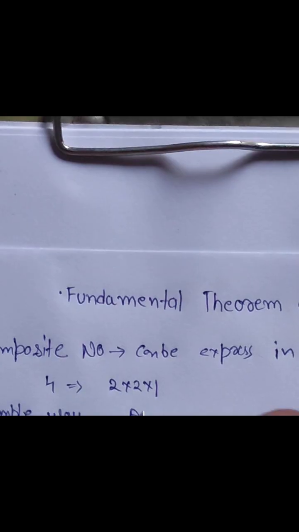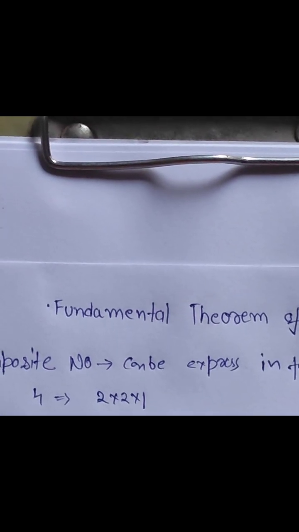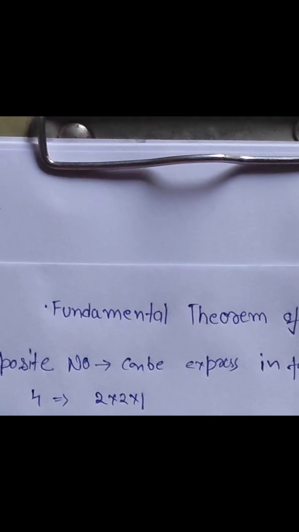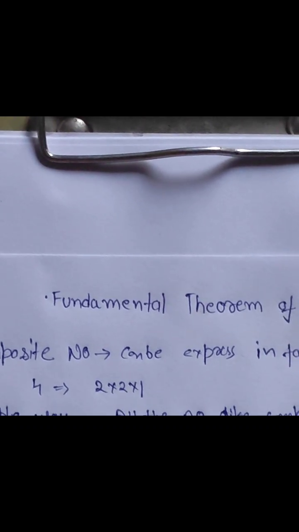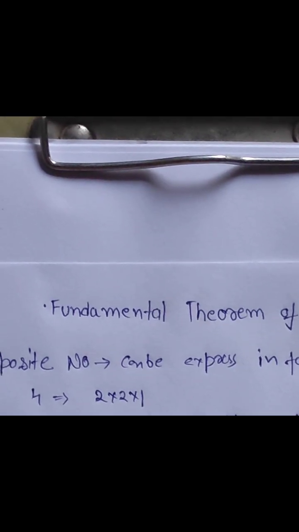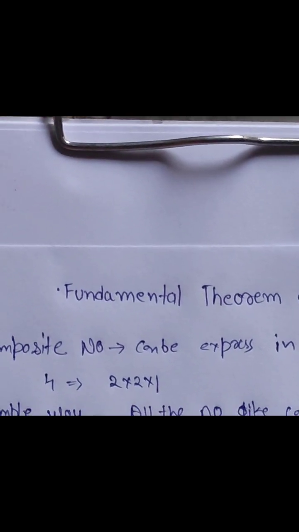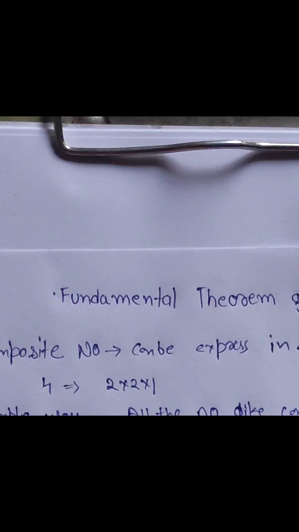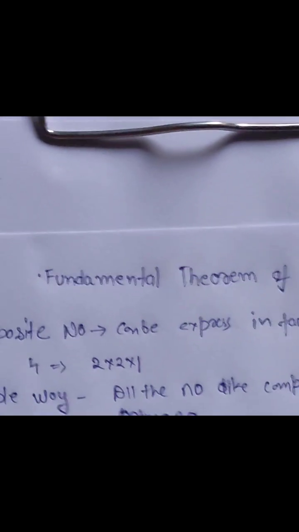All the composite numbers have prime numbers as factors, made of prime number factors. Like a composite number is made of prime numbers.